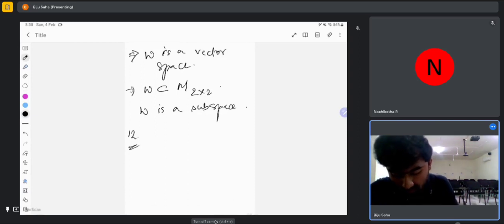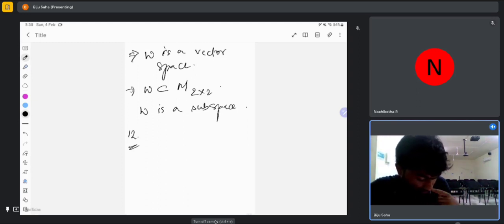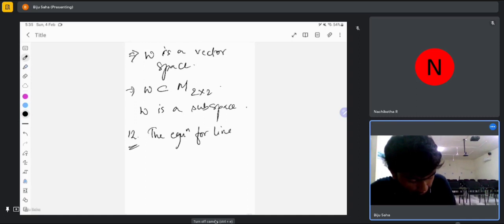Since u, v and w are linearly independent, suppose you start with the equation for linear independence.